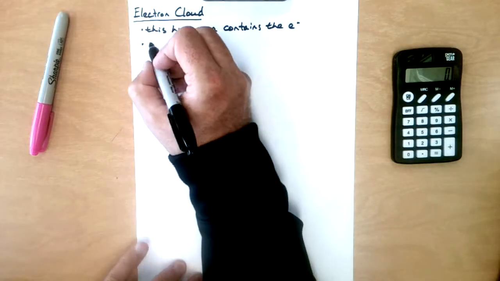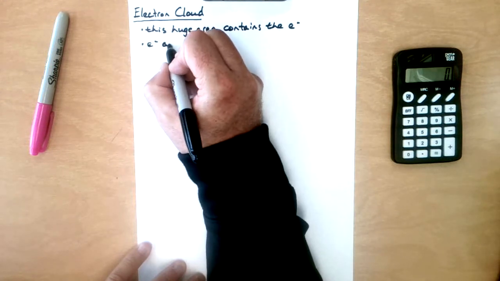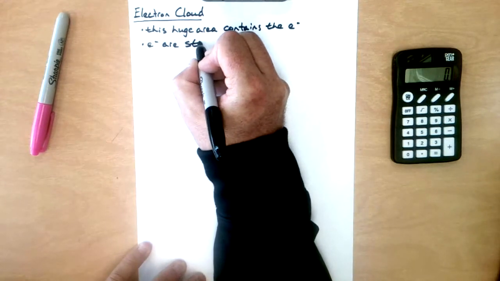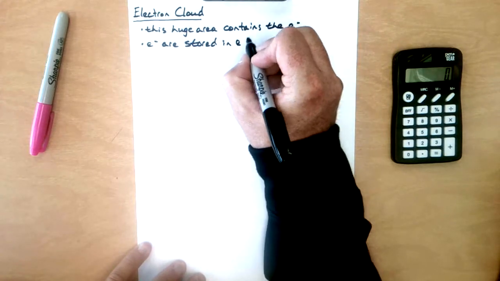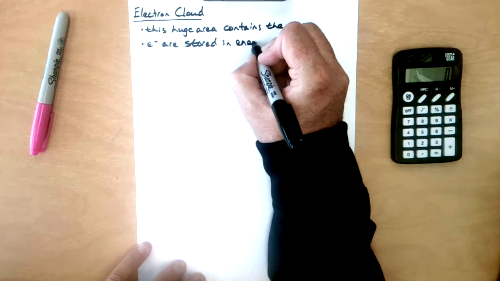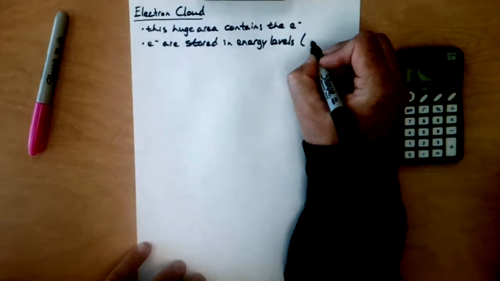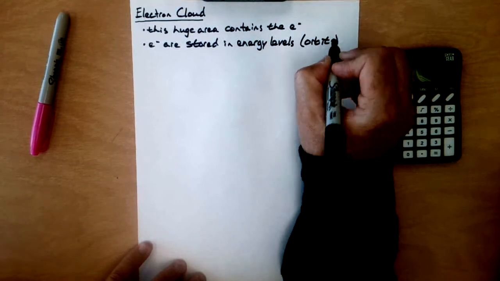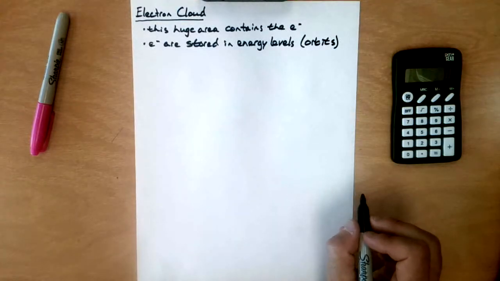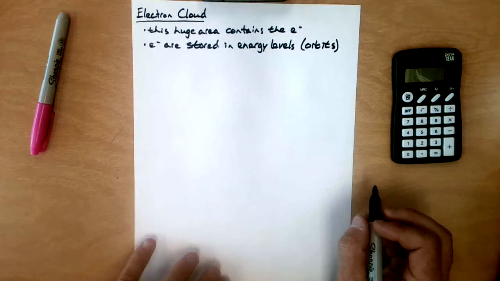And from what we learned from Niels Bohr, electrons are stored in energy levels. Sometimes we think of them as orbits. Right? How do you know how many electrons are in the electron level?